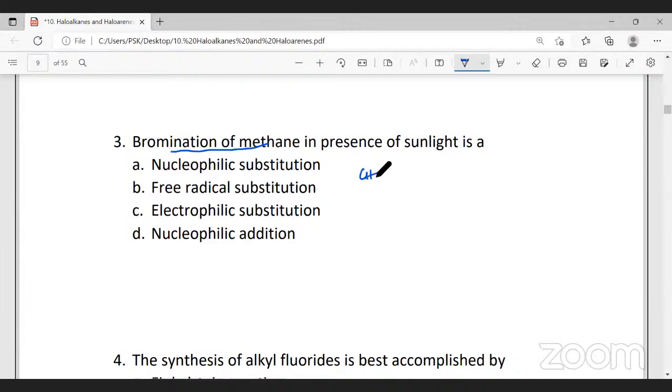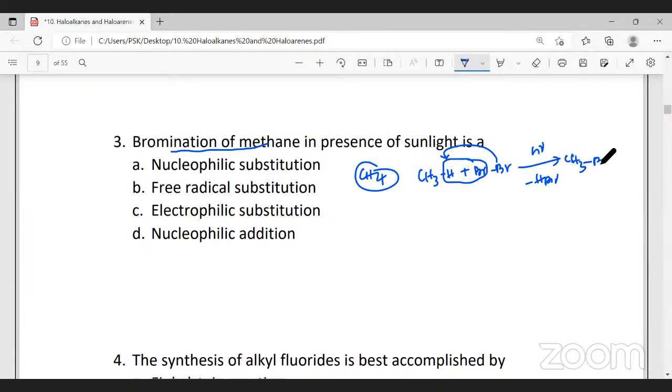Now, methane is CH4. For our convenience, we can write methane as CH3 and H. And this is allowed to react with bromine, Br2, in the presence of sunlight. What happens? H and Br get eliminated as HBr. In place of H, Br goes. Therefore, you get CH3Br. Methyl bromide is the product.